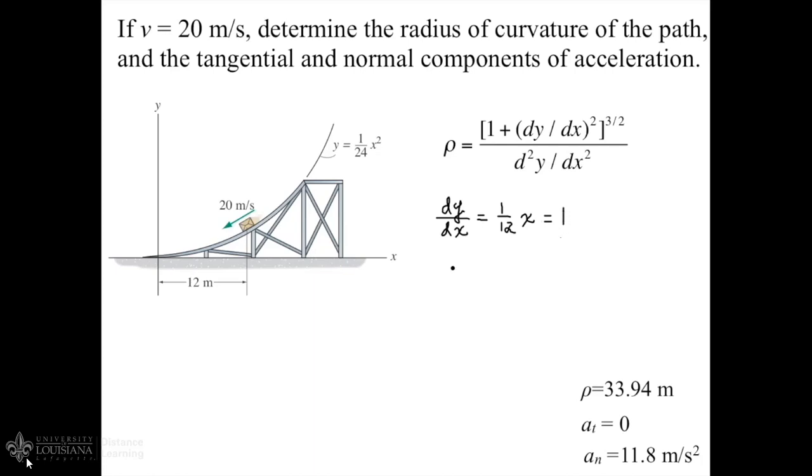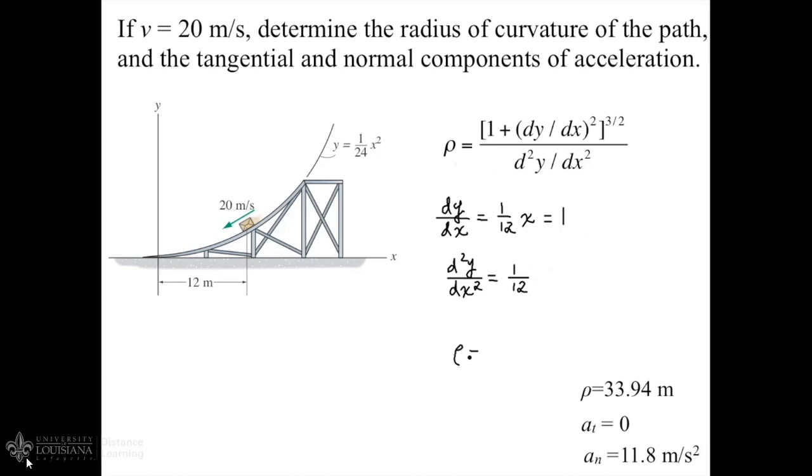Now let's get the second derivative. D squared y dx squared. What's that equal to? Well, it's simply 1 over 12, isn't it? Now that we have these two numbers, we can apply our equation and get our value for rho. So we'll do that next.